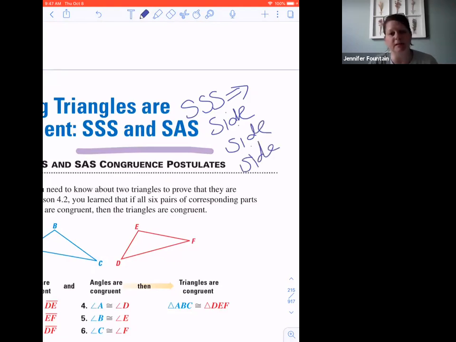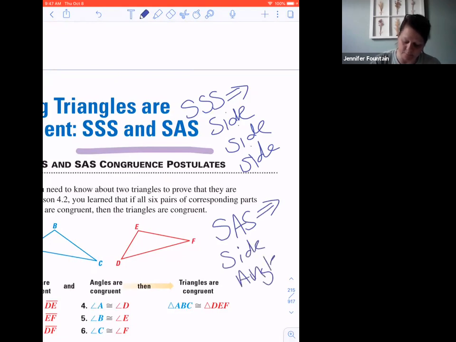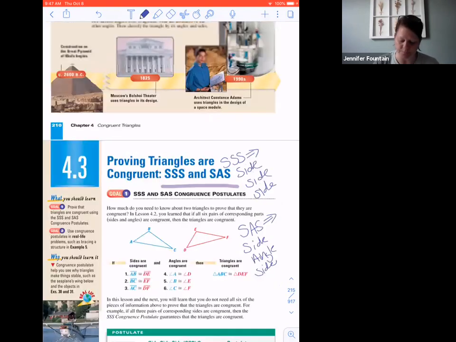If I'm proving them, I'm showing that this side is congruent to this side, this side is congruent to this side, and this side is congruent to this side. So SSS means side, side, side. SAS is side, angle, side. We're going to look at that a little closer.